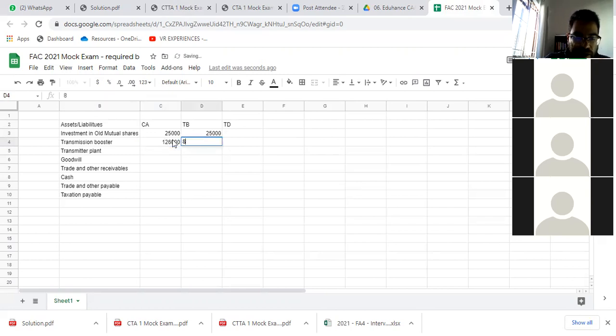Then 80,000, then 50,000, then the next 25,000. Goodwill was 300, and this was 0. Then receivables 14,030, and this was 8,030.